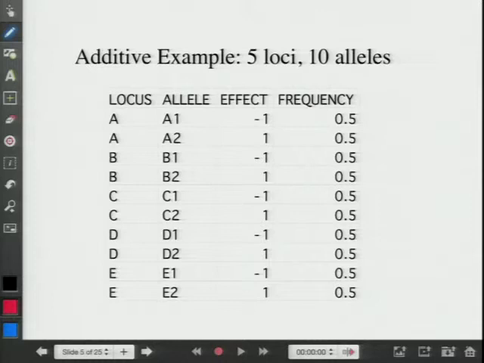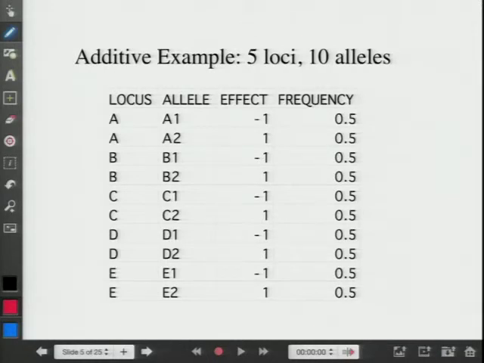Non-additive, multiplicative, right? You could have one where the effect of one gene would depend on the alleles at a different gene, right? That would be a non-additive effect. That's epistasis, right? So additive effects suggest that they're acting separately from each other and accumulating.